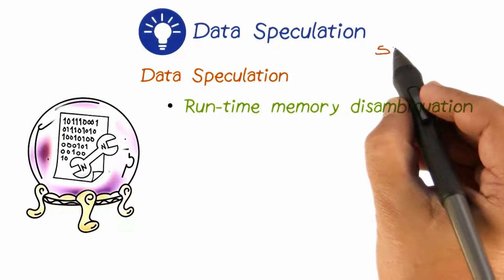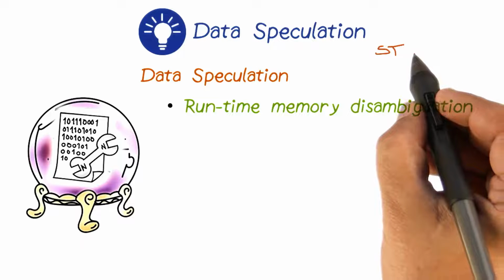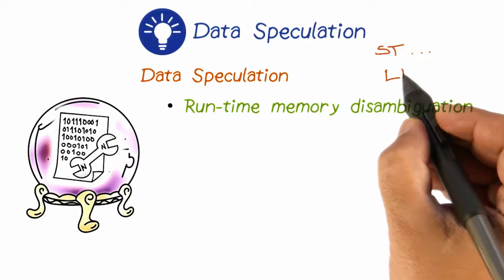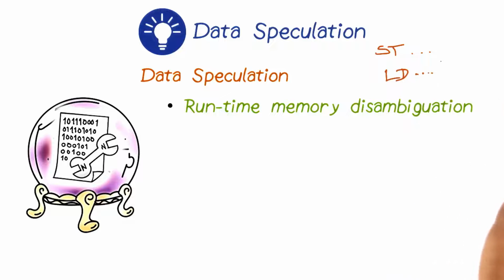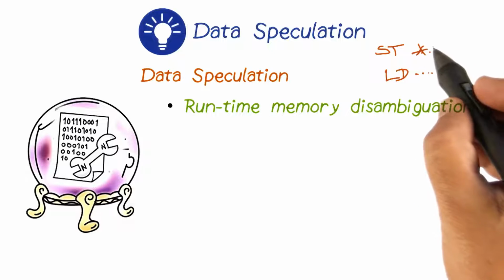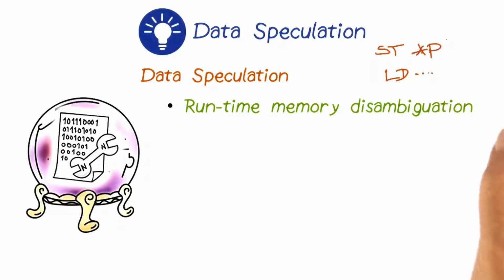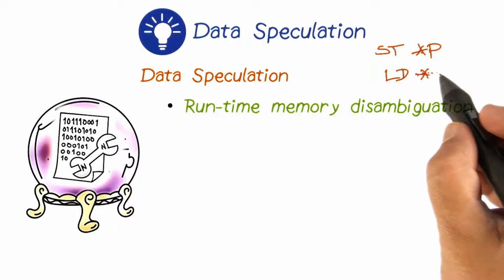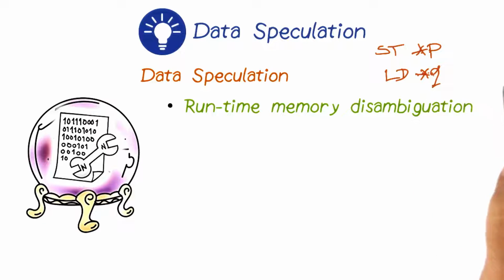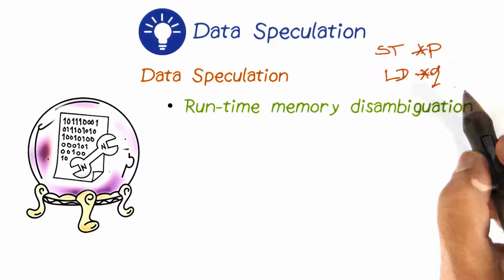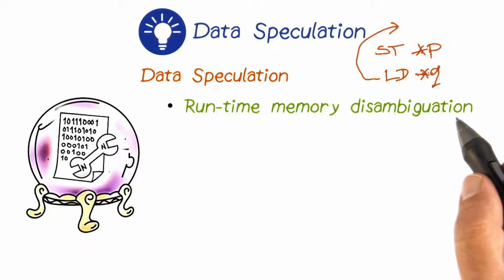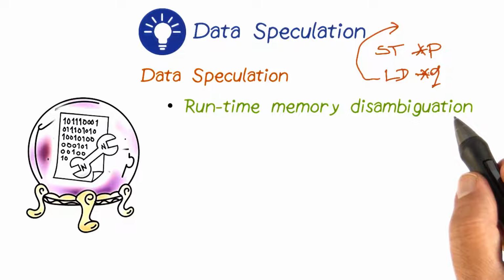So imagine a store that is going to a piece of memory and a load that is going to another piece of memory. Now let this be storing a value through a particular address, through a pointer, and let this be loading a value through another pointer from the memory. We don't know whether these two pointers are going to point to the exact same memory location or not.